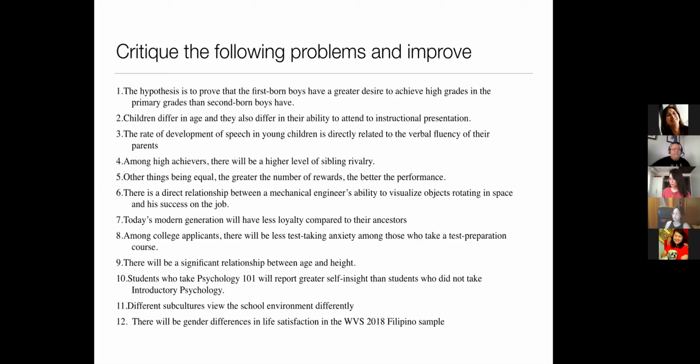So therefore, how would you state this? The rate of fluency of their parents is directly related to rate of fluency in young children. Okay, tanggalin mo yung there. So you can say that verbal fluency of parents is directly related to verbal fluency of children.